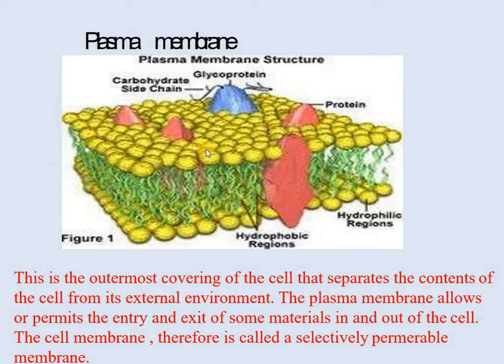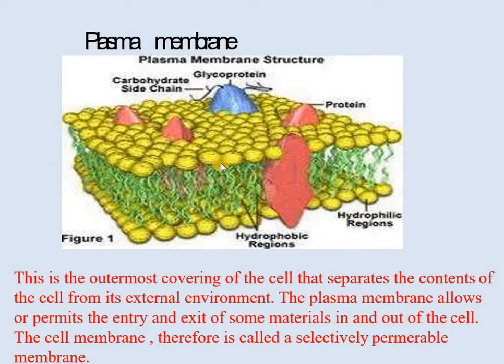According to this model, the cell membrane is made up of a lipid bilayer and two types of protein molecules. The lipid bilayer forms a highly viscous fluid in which the two types of protein molecules are embedded.